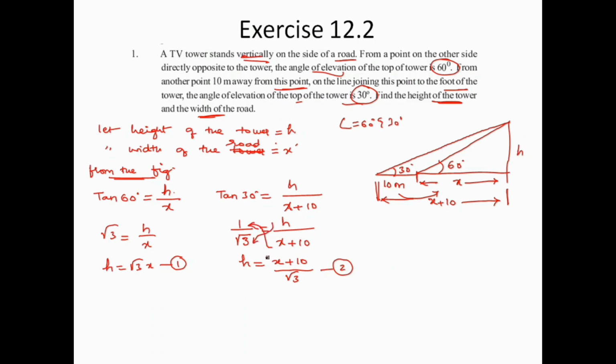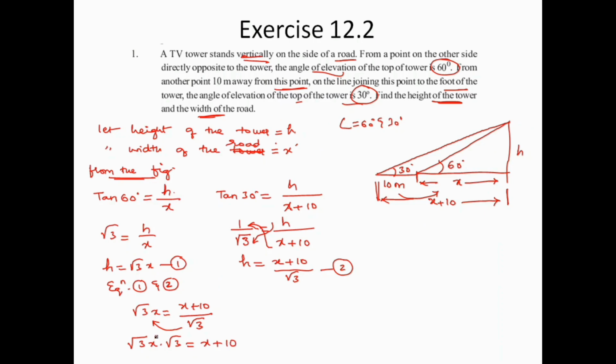Okay, so what do we have? We have equation 1 and equation 2. From equations 1 and 2, I'm substituting the value of h. Then I will get root 3x is equal to x plus 10 by root 3, isn't it? Now when I'm shifting this to the other side, I'm left with root 3x into root 3 is equal to x plus 10.